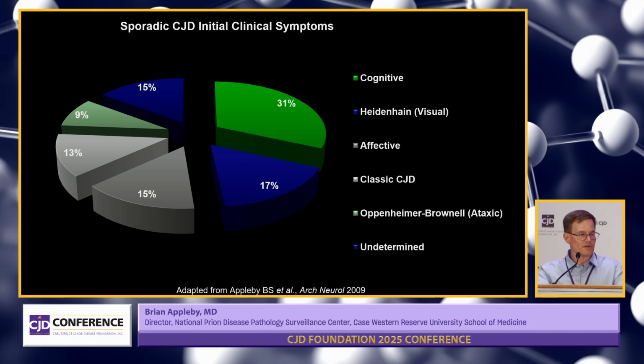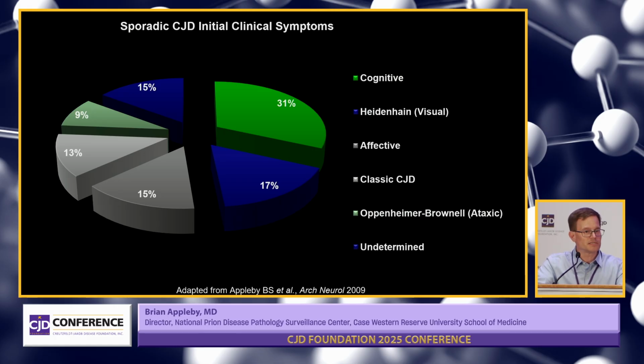17% will have a variety of other symptoms that might not even be suggestive of neurologic illness. 15% could present with nonspecific psychiatric symptoms, which again, you would hope that most people wouldn't assume or think of CJD as the first thing, because that's a highly treatable illness in most people. Only about 13% of people present with kind of that classic syndrome of CJD out of the gate.